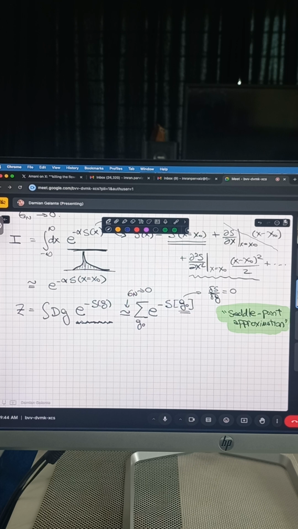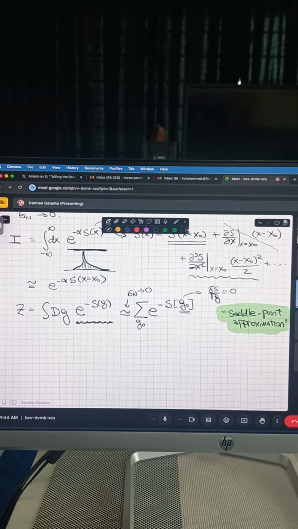The function might be very complicated, but because it decays exponentially, all the features of the function S at very large x will be exponentially suppressed. They are not very important. Everything will be dominated by the saddle point, by x naught, because the function just decays exponentially.